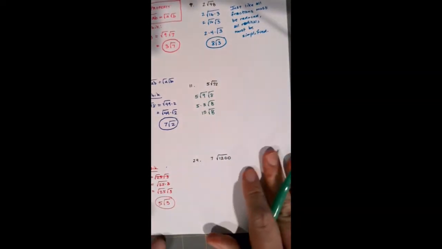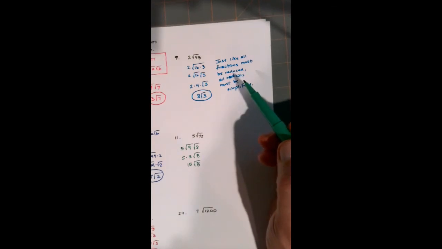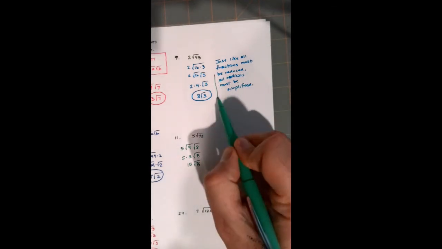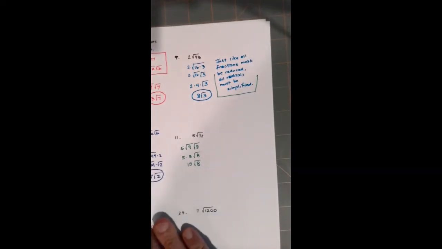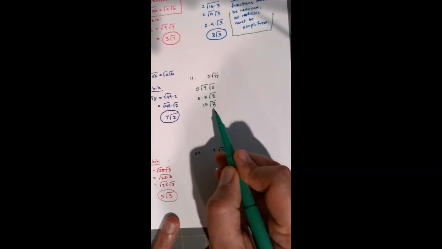But you have to remember what I just wrote. Just like all fractions, all radicals must be simplified. So this is simplified, yes, but it's not simplified all the way because 8 still has a perfect square in it.